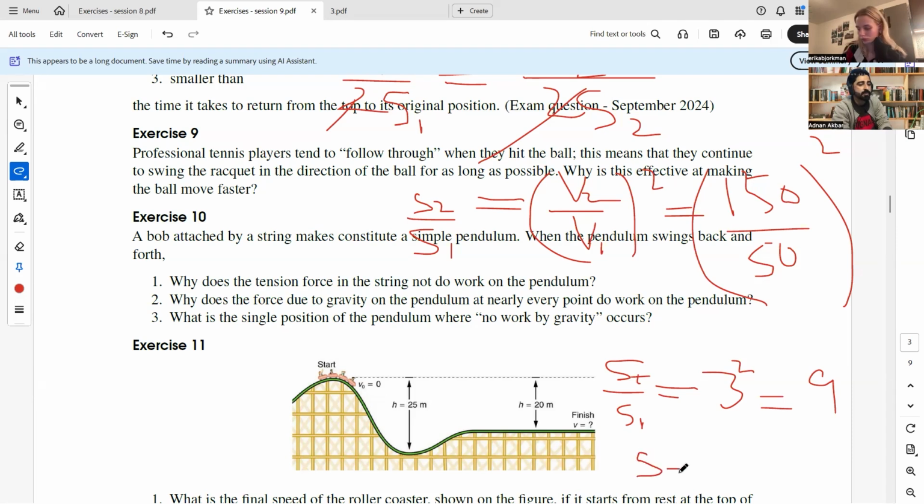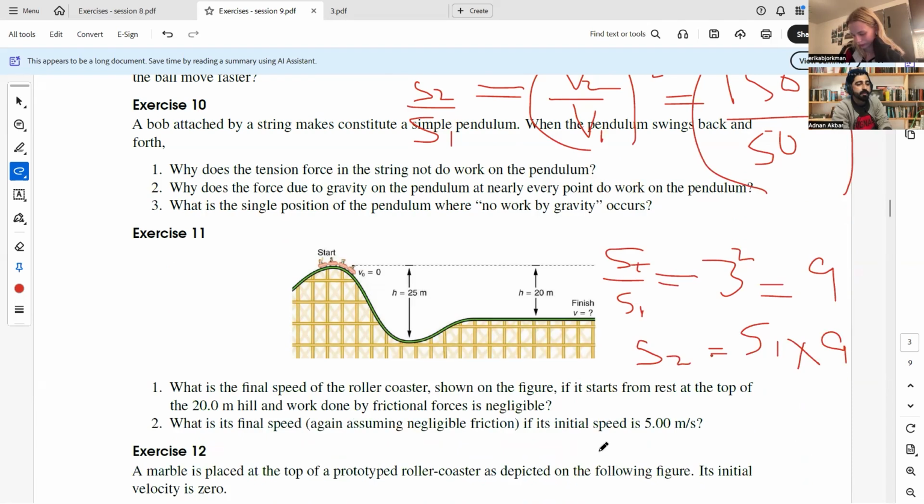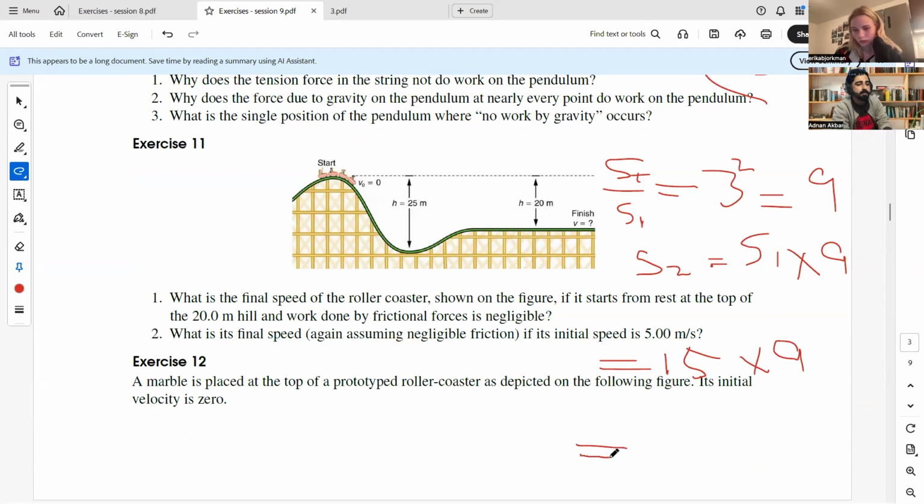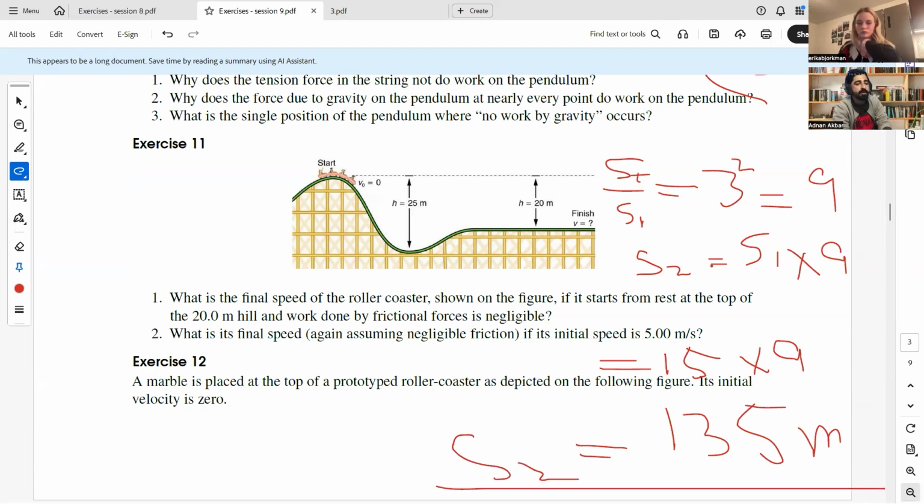Then S2 will be equal to S1 multiplied by 9. We put the values here: S1 is 15 multiplied by 9, it will result in 135. So as a result of the second case, when velocity is 150, the skidding distance will be 135 meter.